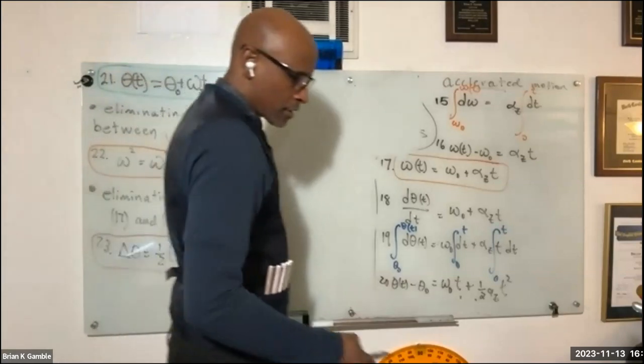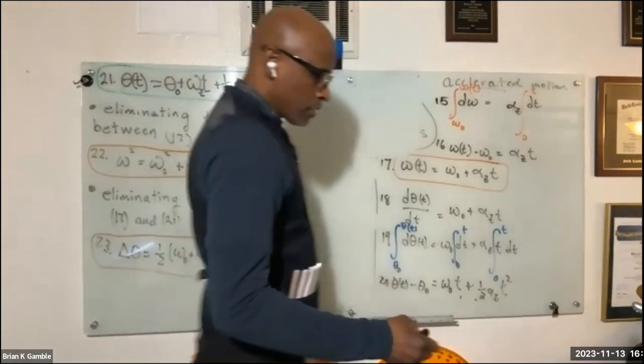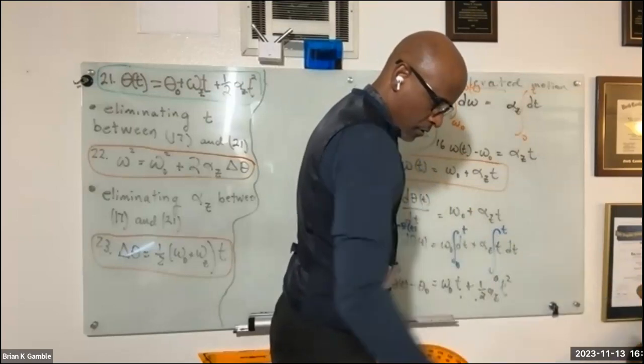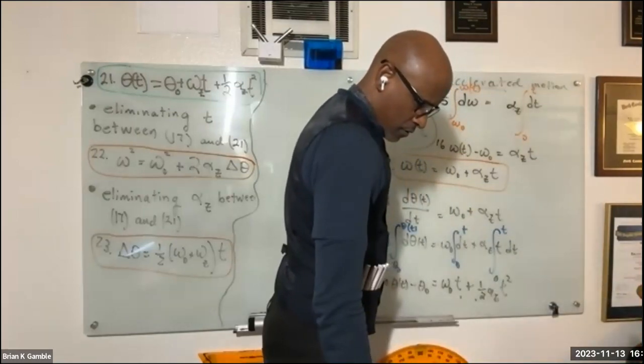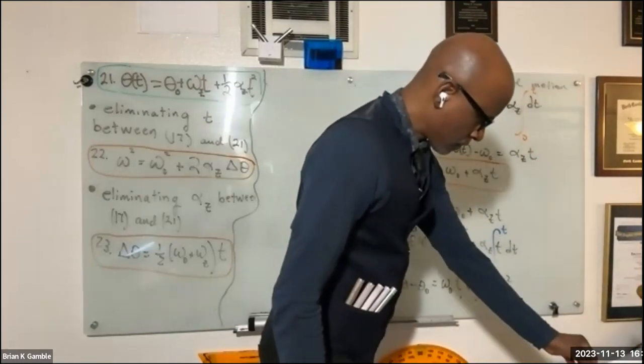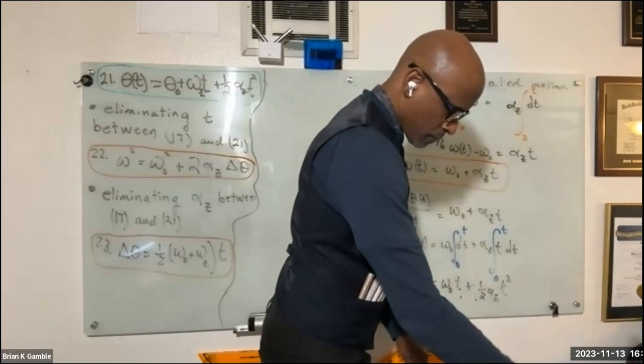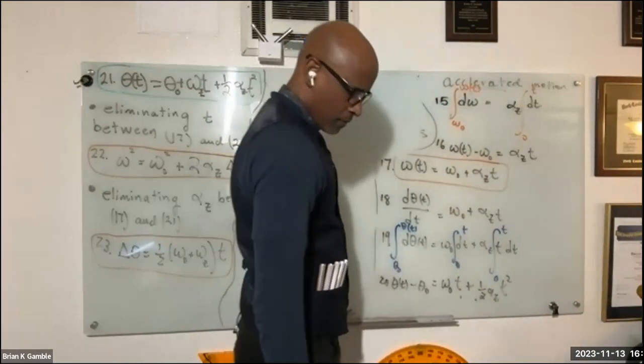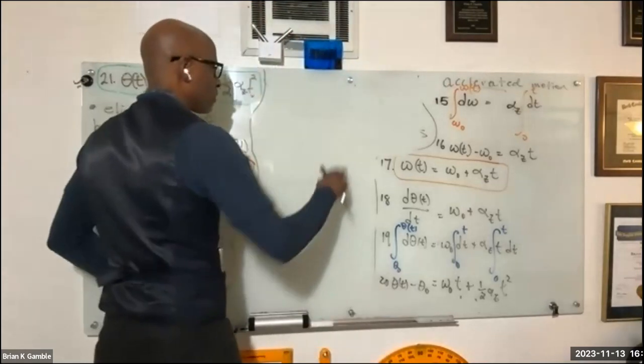So this section is called the relationship between rotational and translational quantities.